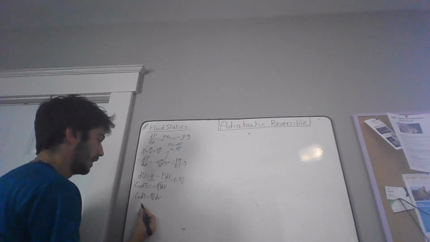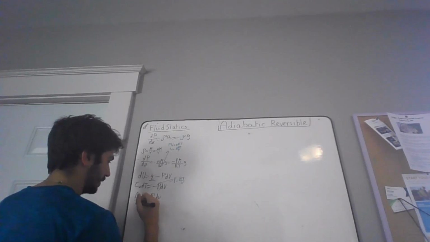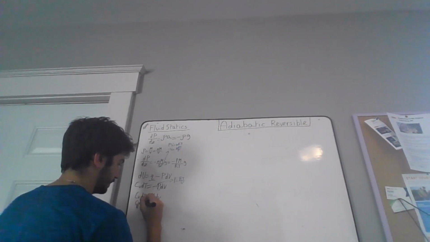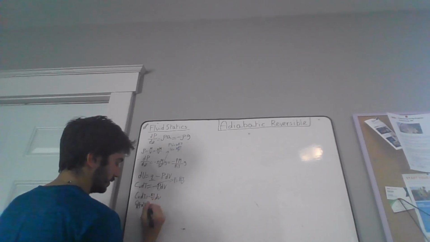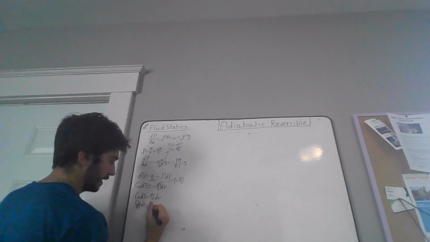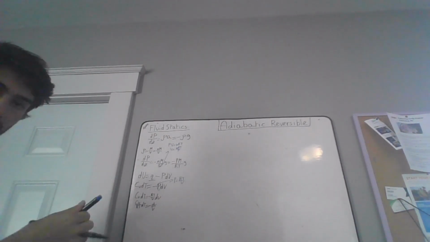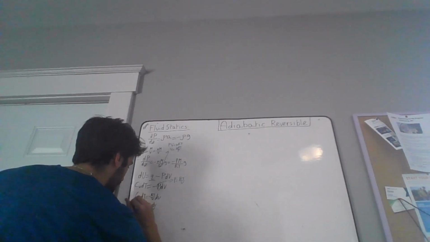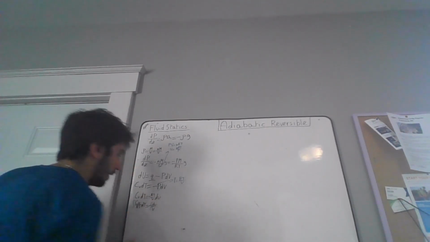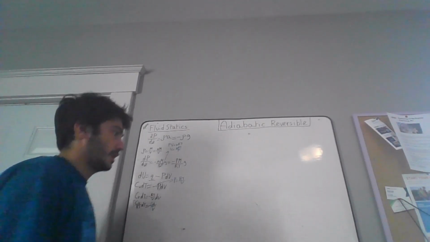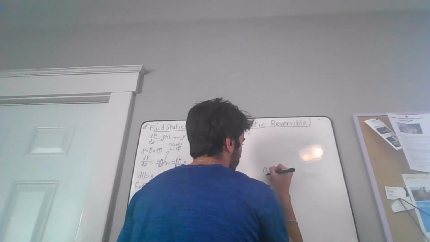We divide both sides by RT, so then we have Cv over R times dT over T is equal to, and leave this the same, negative dV over V. Then we can integrate both sides with respect to each variable. On the right hand side, we're integrating with respect to V.